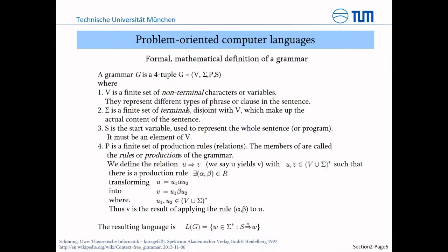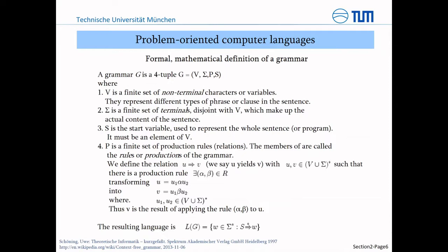So mathematically, or in a more formal sense, it looks like this. A grammar is a four-tuple based on a finite set of non-terminals. Non-terminals are replacement patterns or variables. They represent different types of phrase or clause in the sentence.